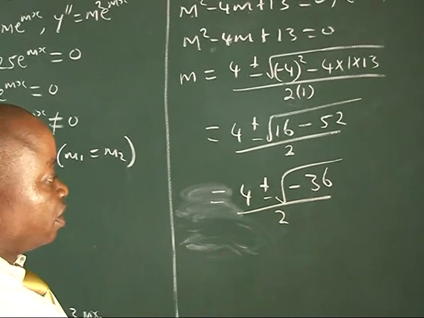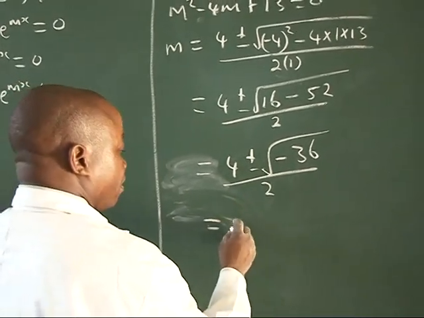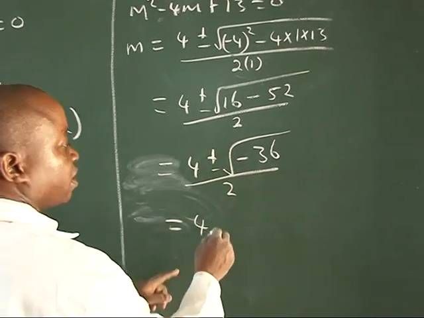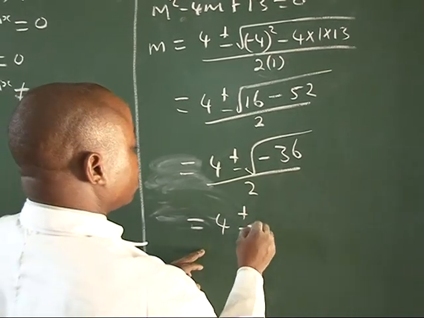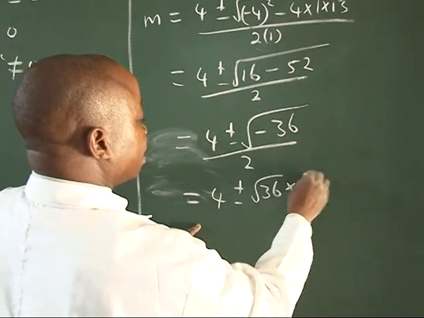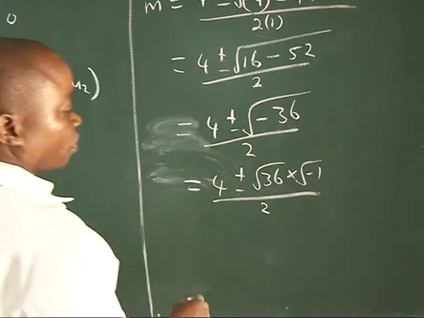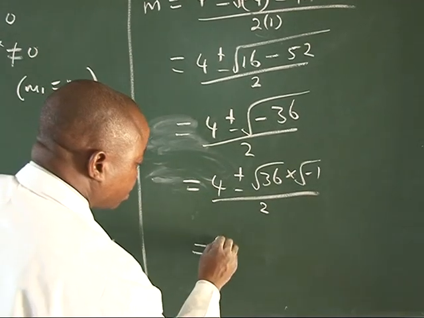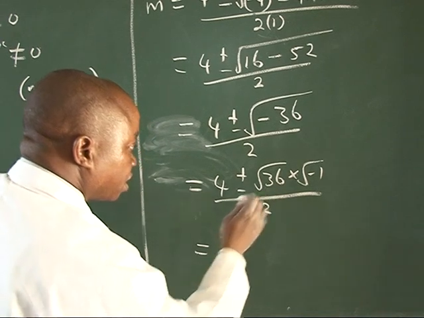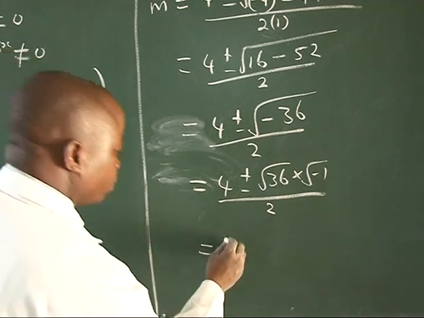So we know this, and we know how we can solve this in complex numbers. If you have the knowledge of complex numbers, you see we can solve this to be square root of 36 times square root of minus 1, all over 2, which is the same as, this is 6, and this is 4.